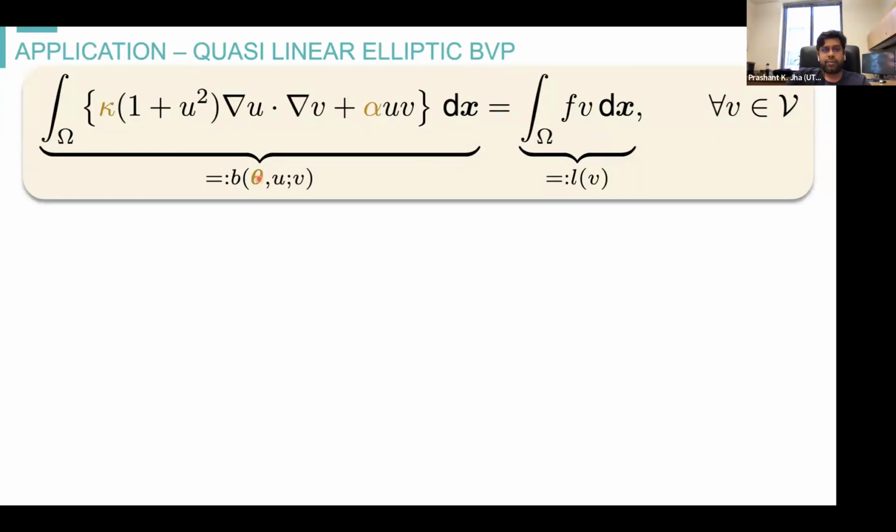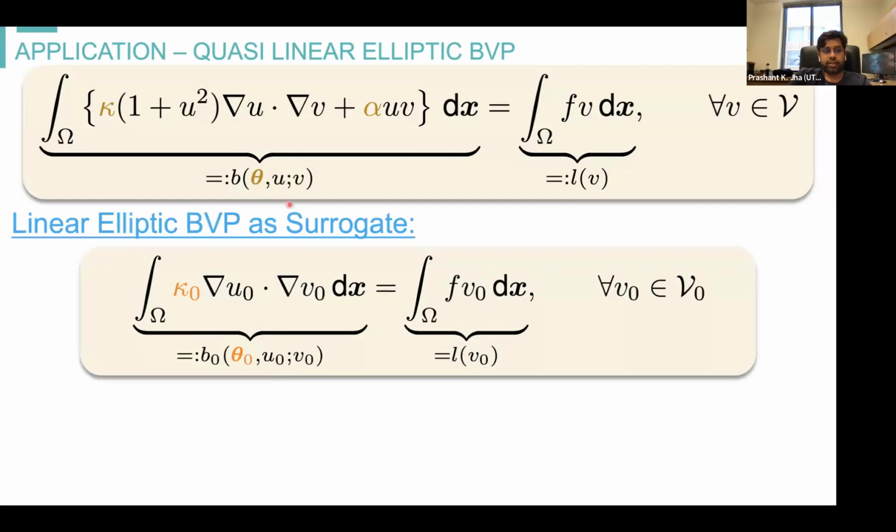Let me now briefly talk about the application, and then I'll come to the neural network. As an application, we look at this very simple quasi-linear elliptic boundary value problem. Here you have a nonlinear diffusion term. Kappa is some real number, and then you have 1 plus u square, grad u dot grad v, and then we also have this linear term alpha u v, and f is some prescribed function. So b here is linear in theta, but it's nonlinear in solution u. As a surrogate, we consider a linear elliptic boundary value problem.